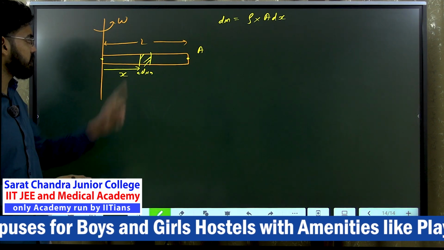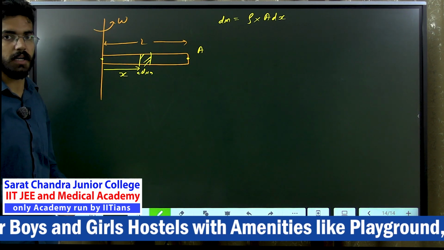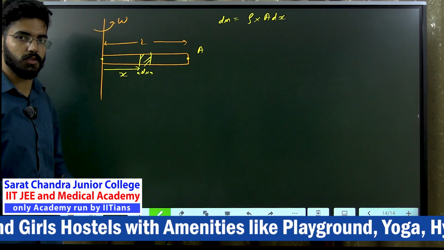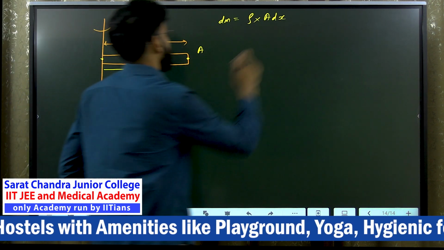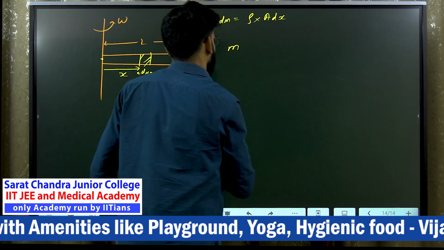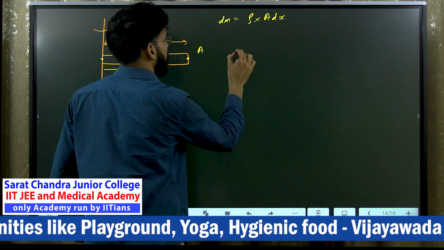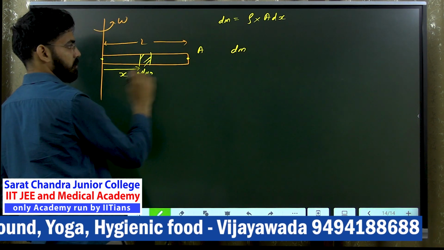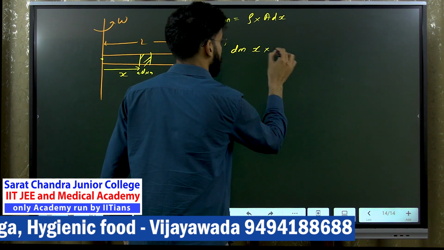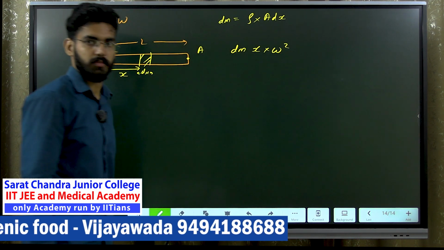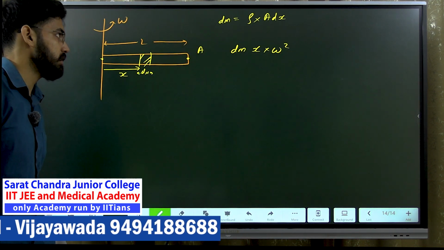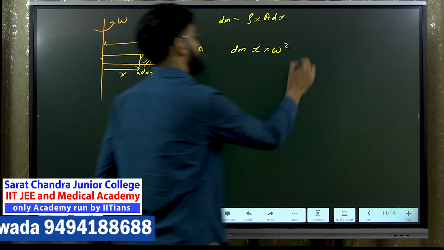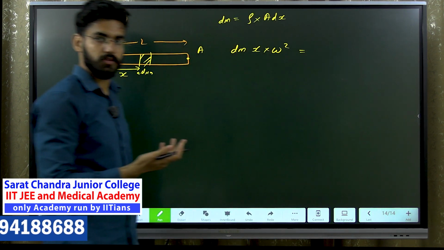And this dm mass is rotating with omega, right? The whole mass is rotating with omega only. So m is the dm mass, rotating in a radius that is x, into omega square: dm x omega square. This is what it is rotating in, equal to the net force on this body.